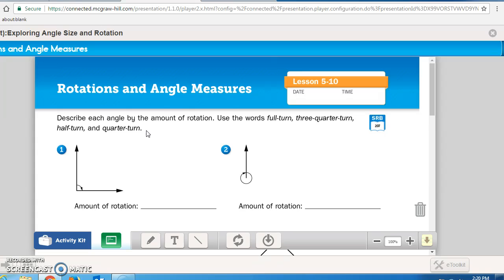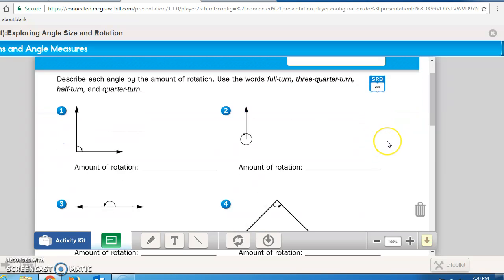This is an assessment check, so you're going to need to bring this to me so that I can look at it when you have completed it. If you're still struggling, remember, go to your student reference book, page 207, or rewind this recording, and it should be able to explain it to you again.